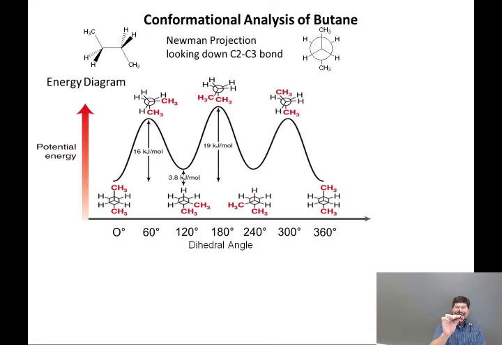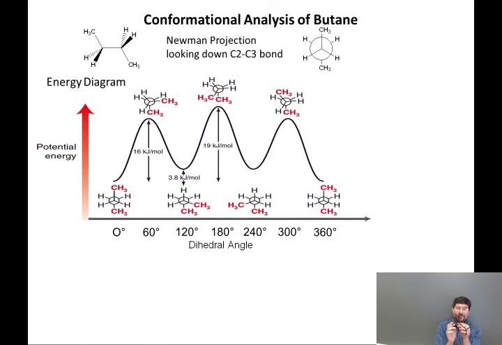But unlike the case of ethane, in this case, the 120 degree conformation is not the same as the 0 degree conformation. In the 0 degree conformation, the 2 CH3s are as far apart from each other as possible. In the 120 degree conformation, it's still a staggered conformation, but the CH3s are a little closer to each other, and we're going to have to take that into account.